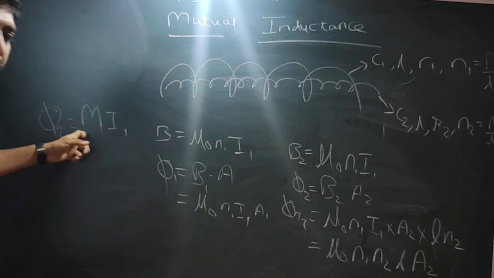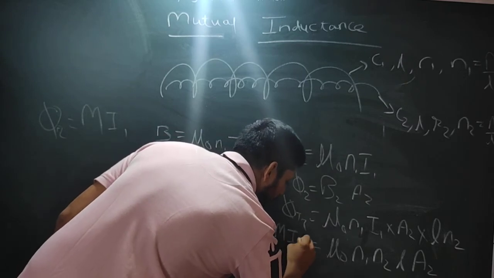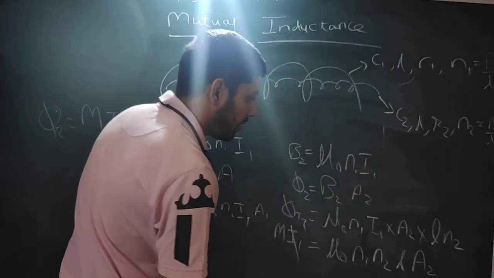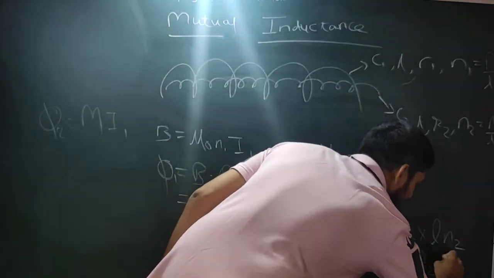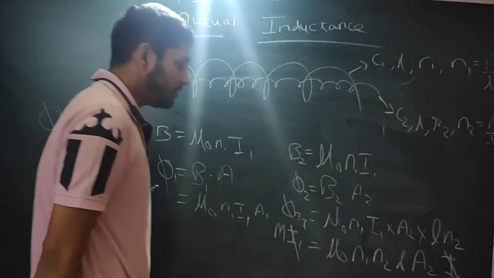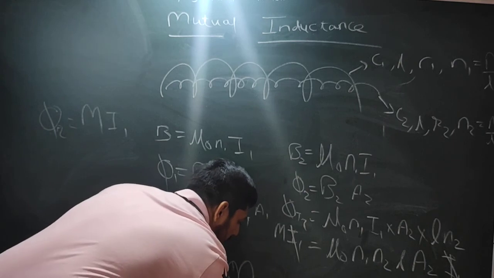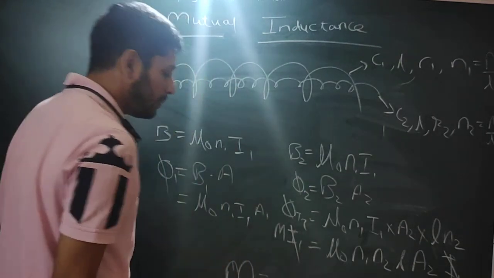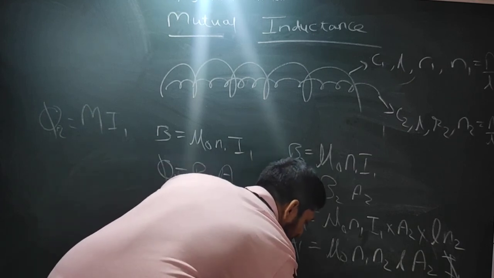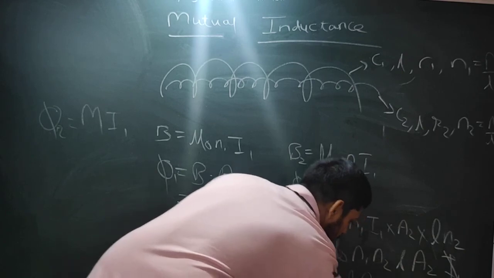So I'll put the value of this over here: M into I1. I forgot to write the I1. M and I1 from both sides will get cancelled. So the mutual inductance in coil 2 will be equal to mu 0 N1 N2 L A2.